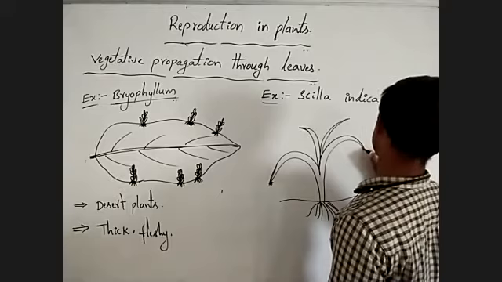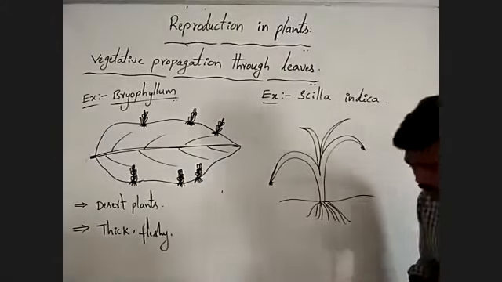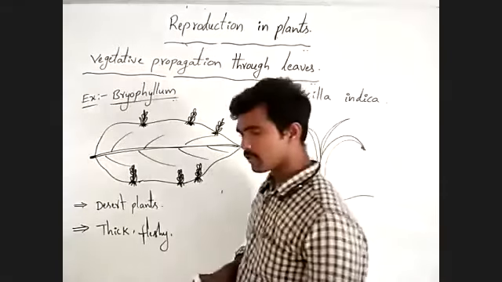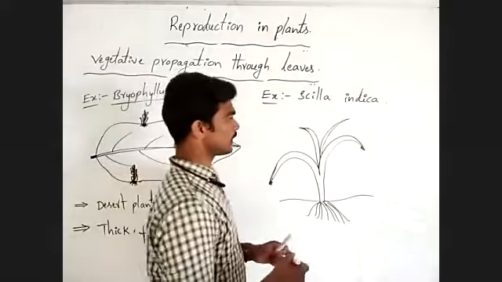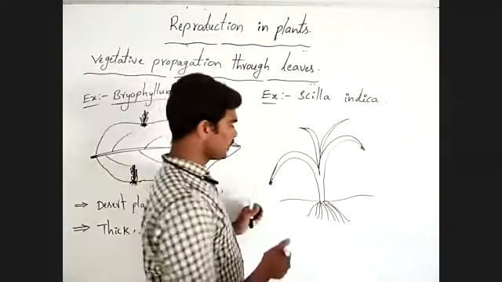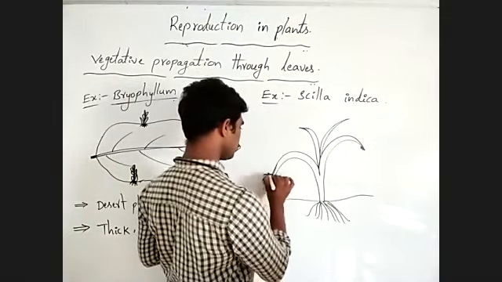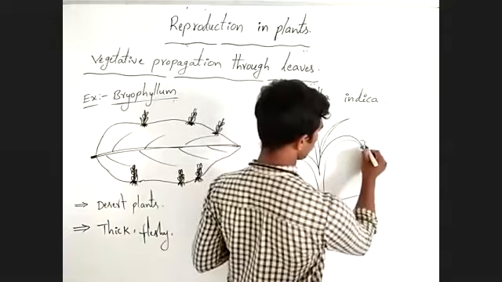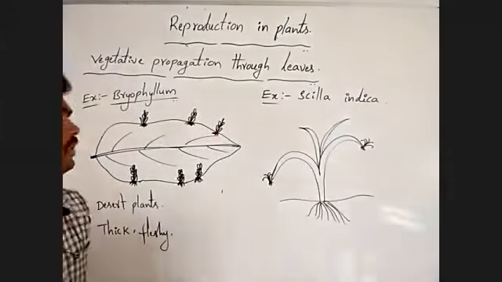Those vegetative buds gradually grow into small plantlets like this.